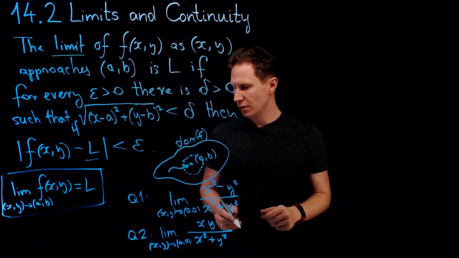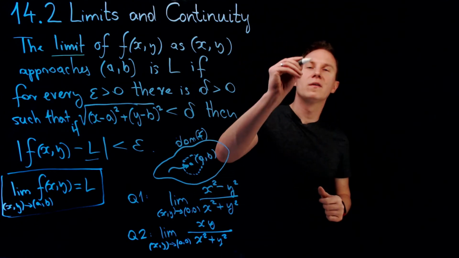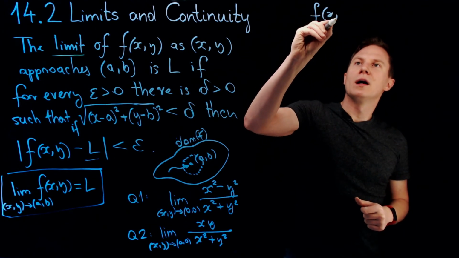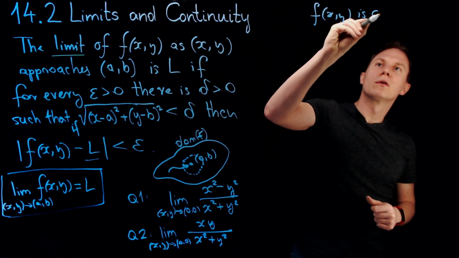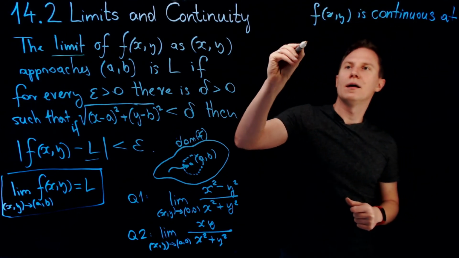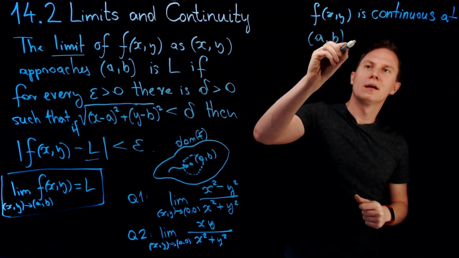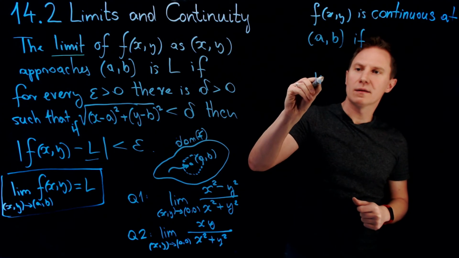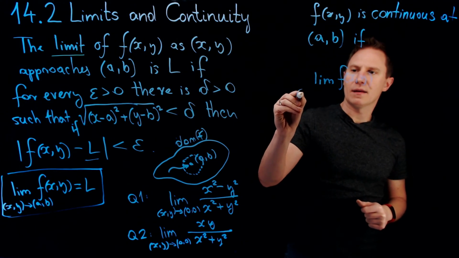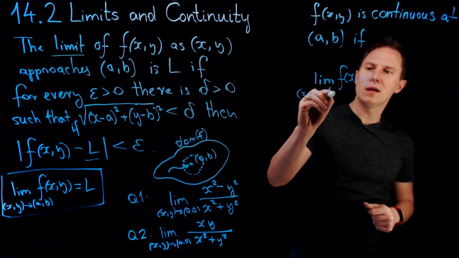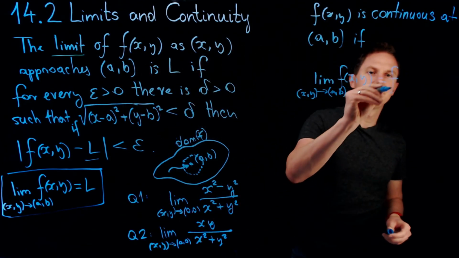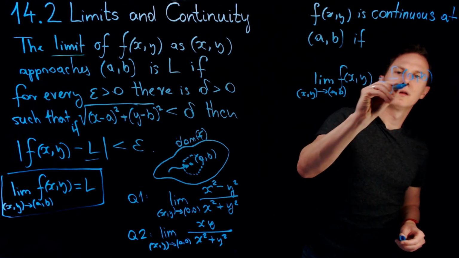Now let me quickly tell you about continuity. We say that the function f of x and y is continuous at the point (a, b) if the limit of f of x and y as (x, y) goes to (a, b) is indeed the function's value at that point (a, b).